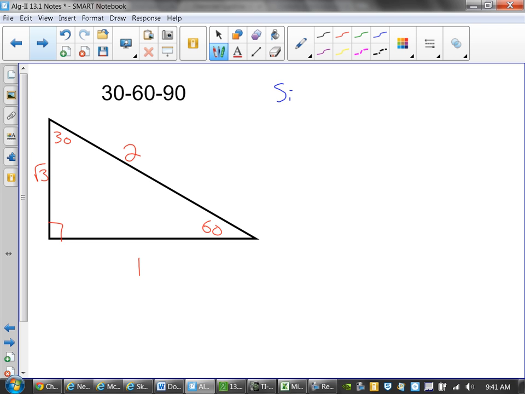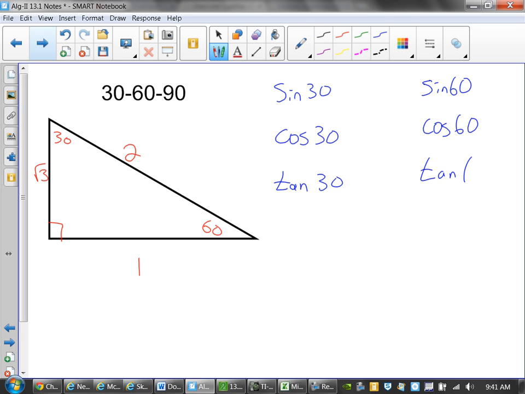We need the sine of 30, cosine of 30, tangent of 30, sine of 60, cosine of 60, and the tangent of 60. And when we work with the specials, these are ones that'll pop up more often than not.